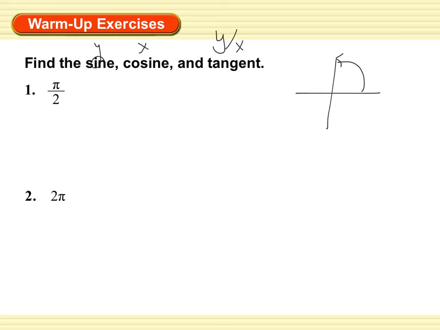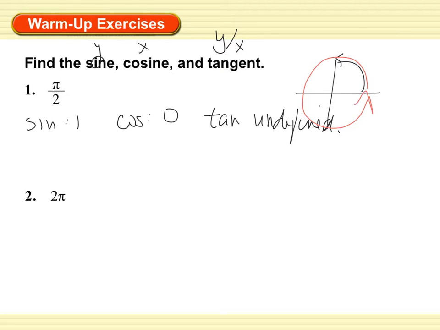So at 90 degrees, sine equals 1, cosine equals 0, and tangent is undefined, because I can't divide by 0. Okay, 2 pi is 360 degrees. Sine is 0. Cosine is 1. And tangent is 0 divided by 1, or 0.